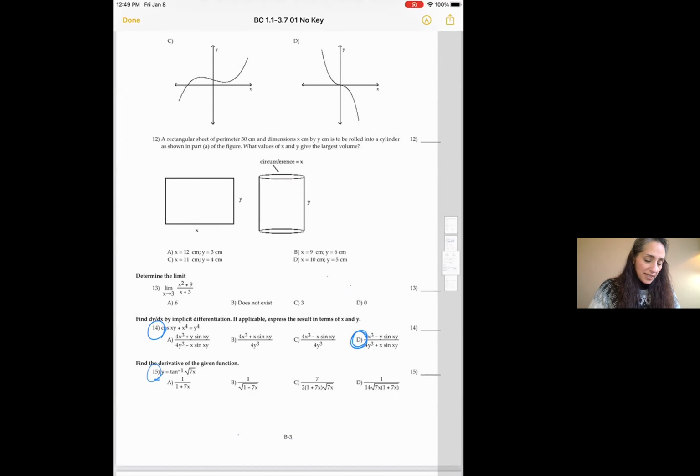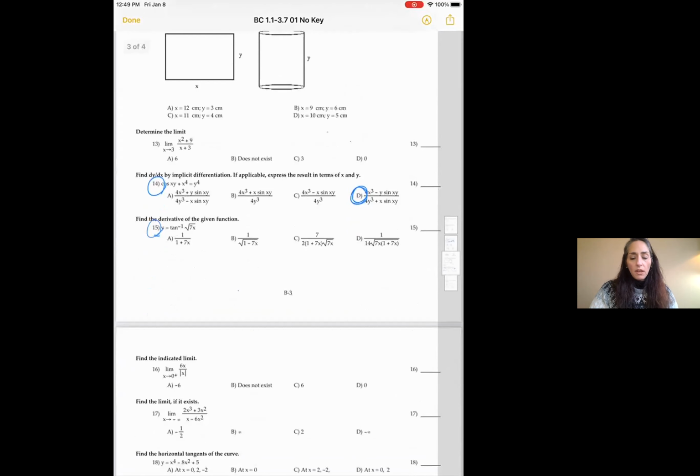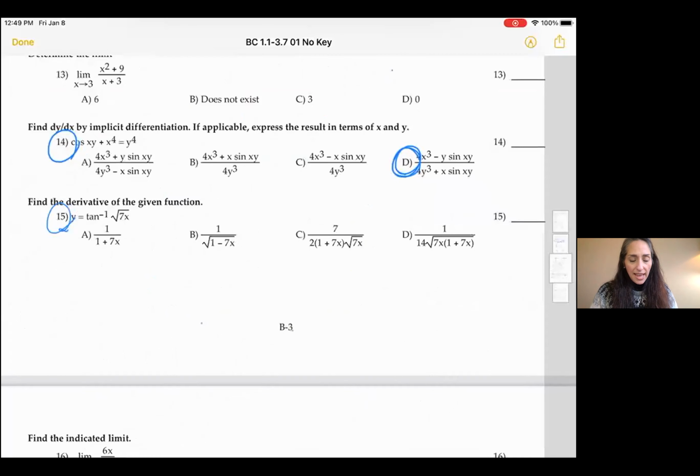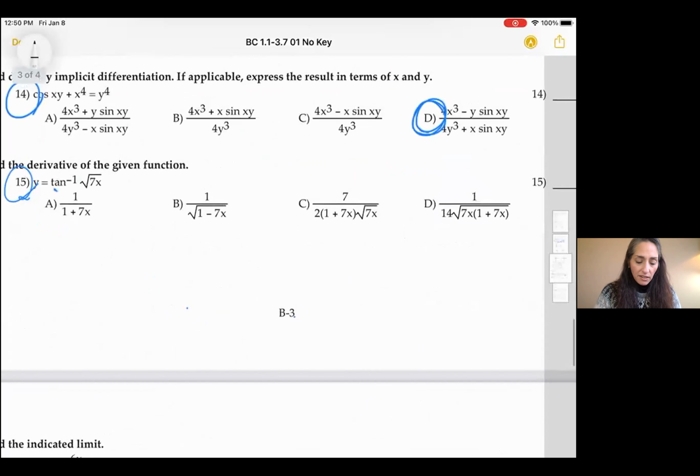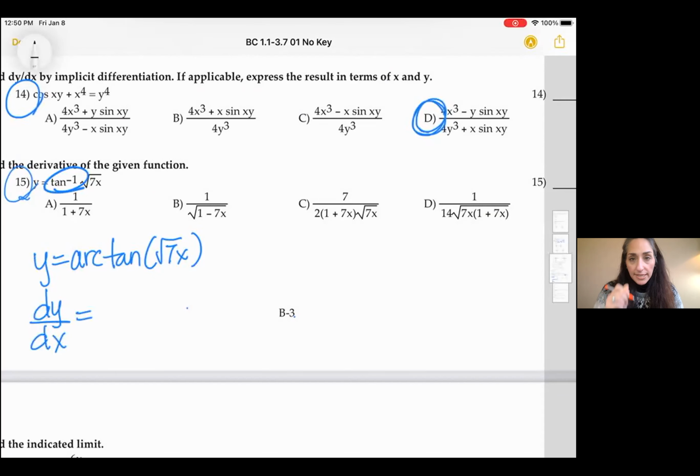Now, for number 15, that is asking you to take the derivative of arctan. This is the same as saying arctan of root 7x. You need to remember to do the chain rule for this. So dy over dx, when you take the derivative of arctan, that's a formula that we've memorized.